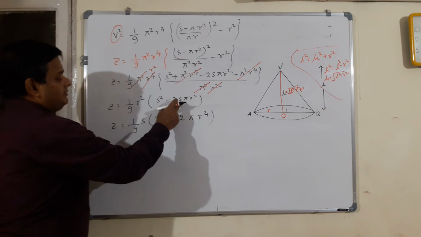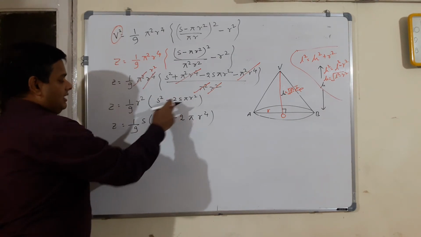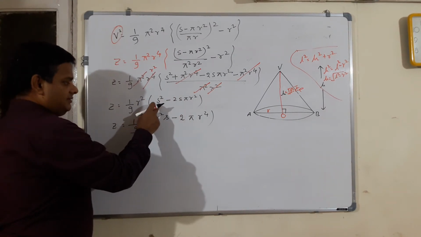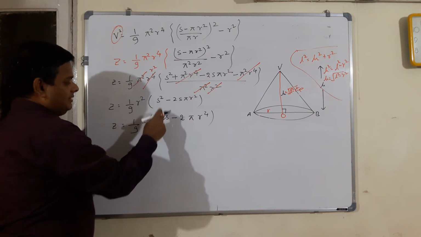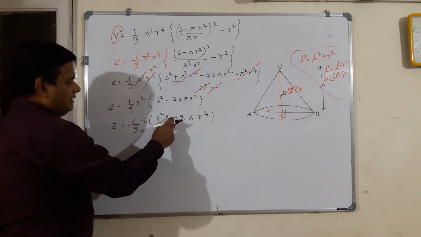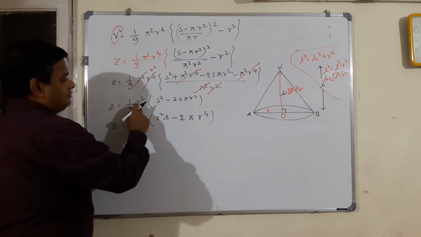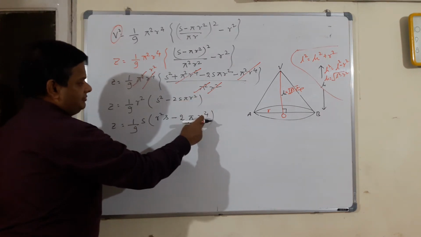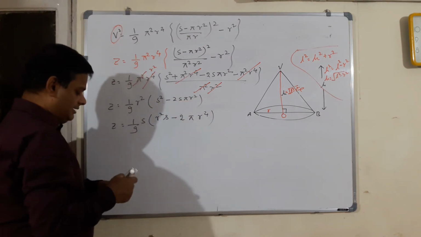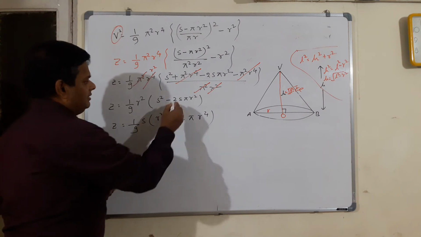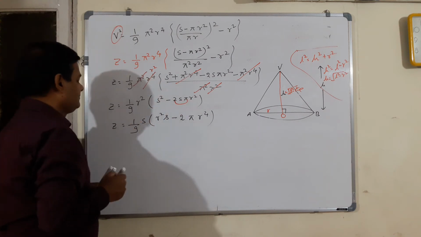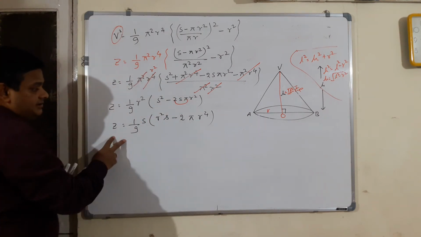Here s square, so s is taken out, remaining s, so r square multiply s is r square s minus r square multiply r square, r raised to the power 4, and 2 pi is remain. Now you got z.